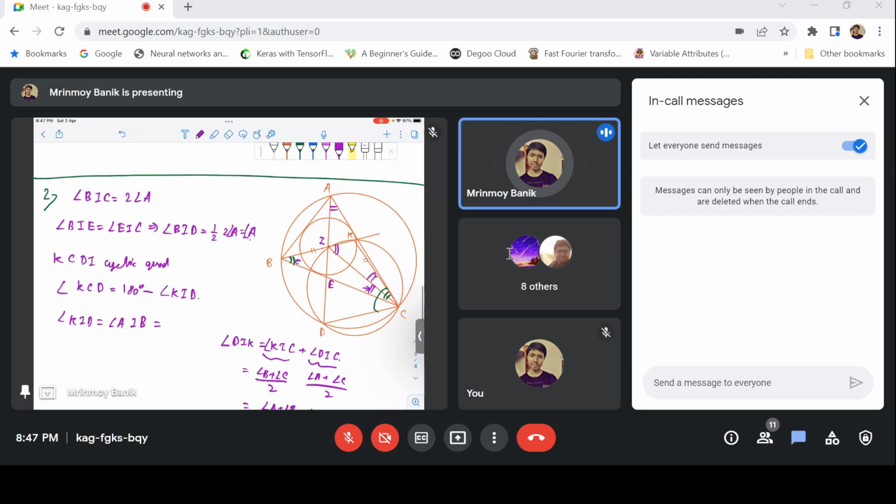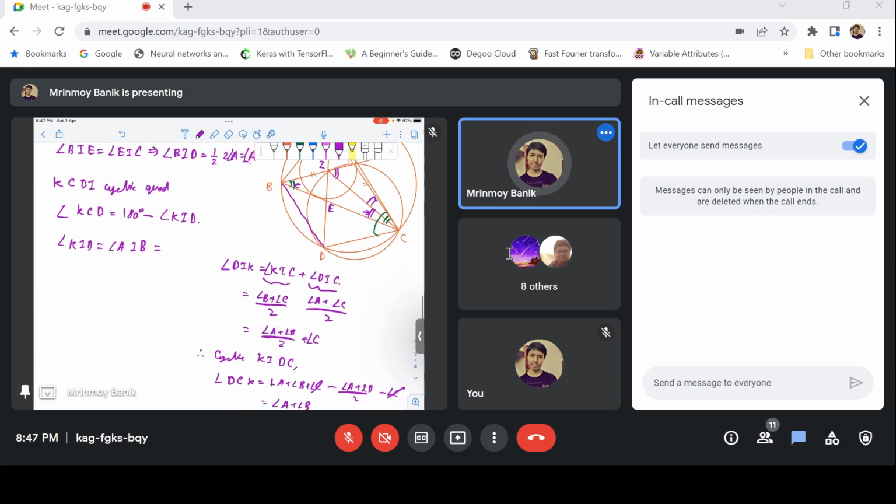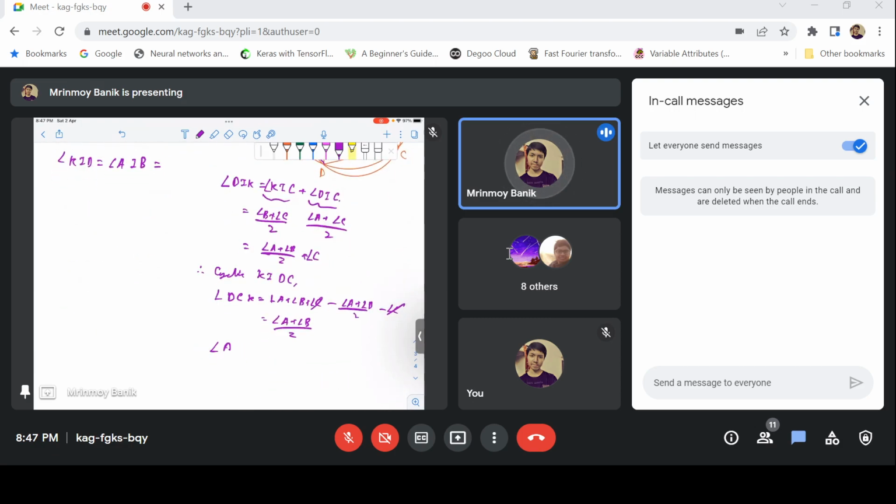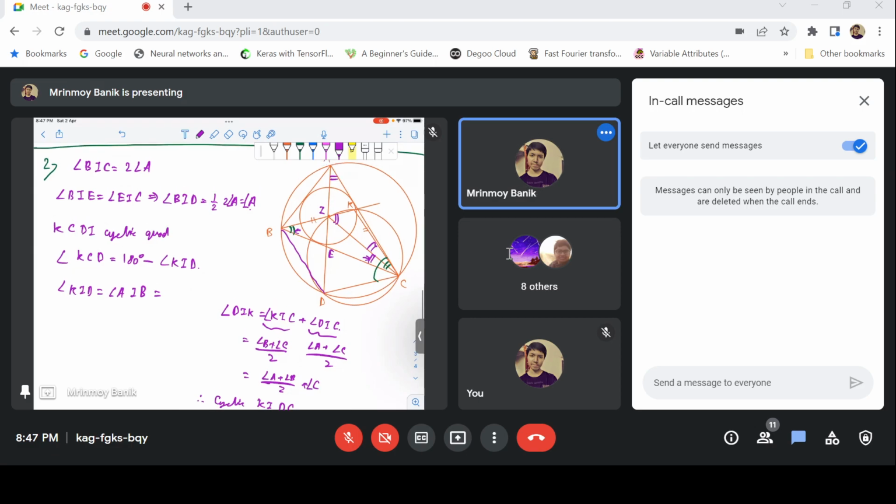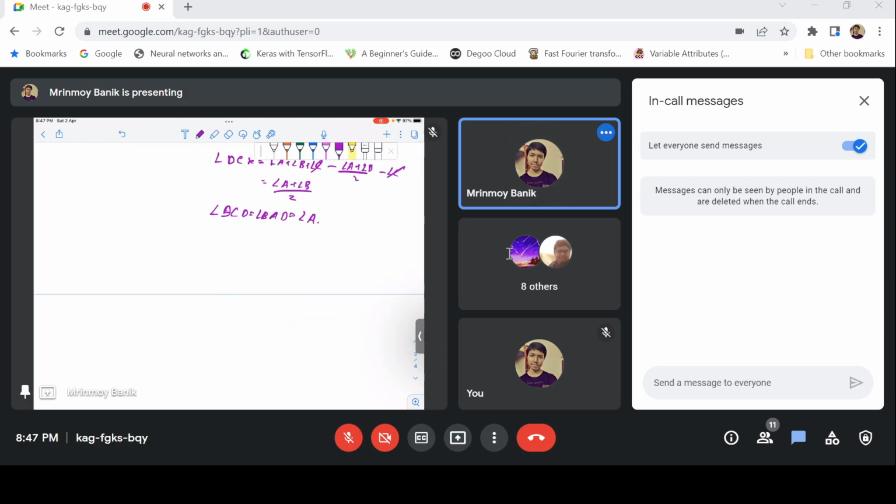And also, since the chord BD subtends both angle BAD and BCD, angle BCD equals angle BAD equals A by 2, since the incenter is the intersection point of the angle bisectors.